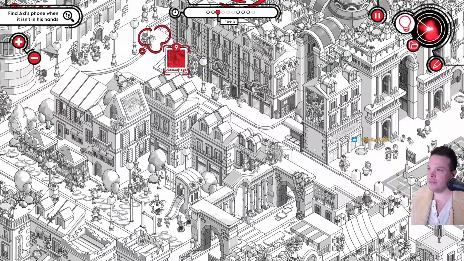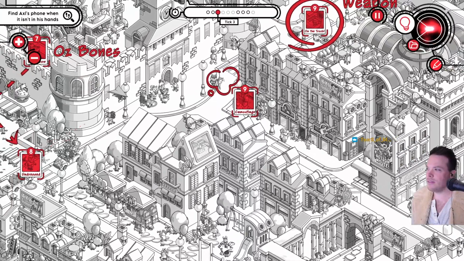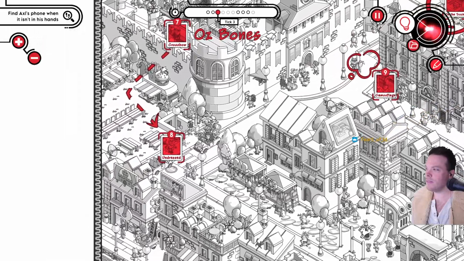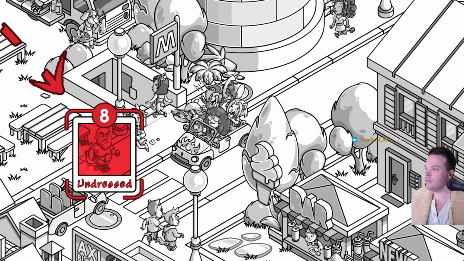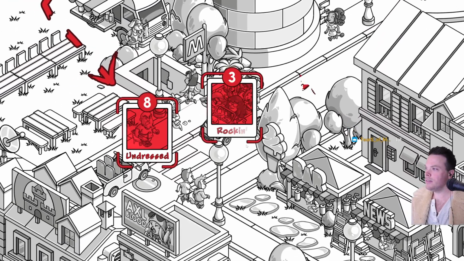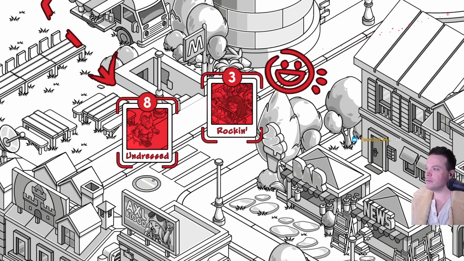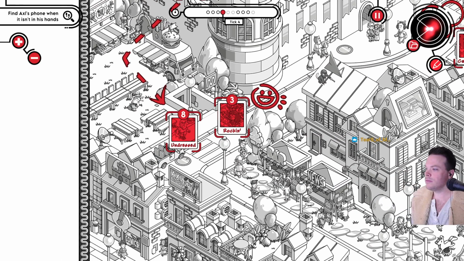Ooh. There they are. But the phone is still in their hand. And there's our thief going to do their thing.